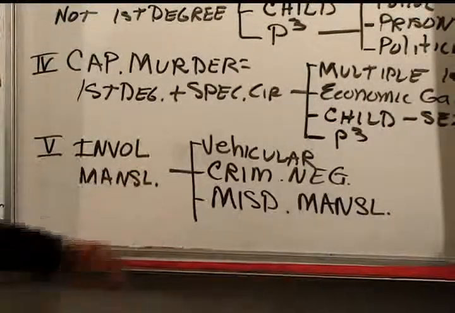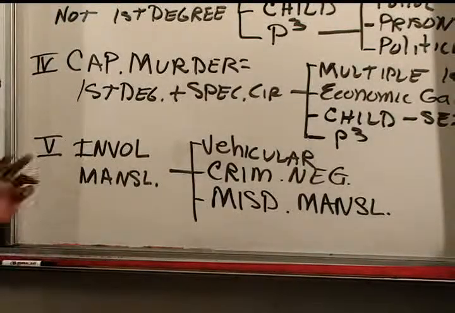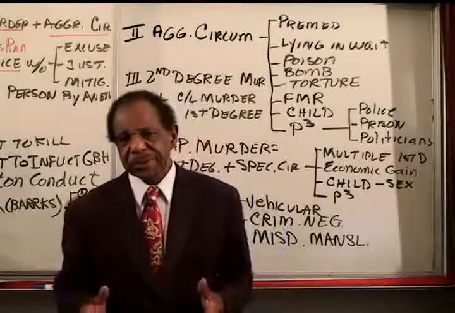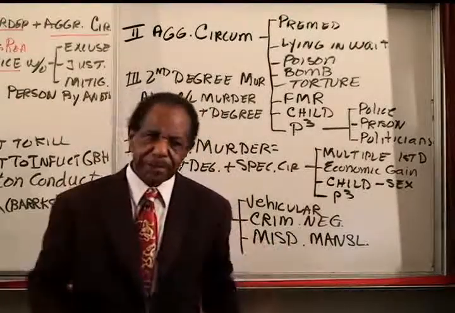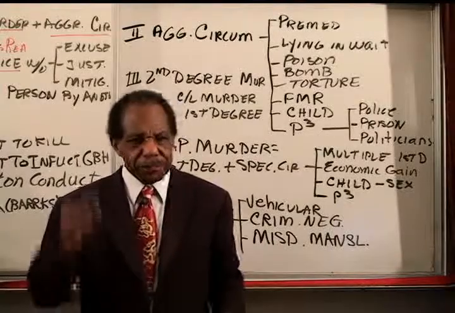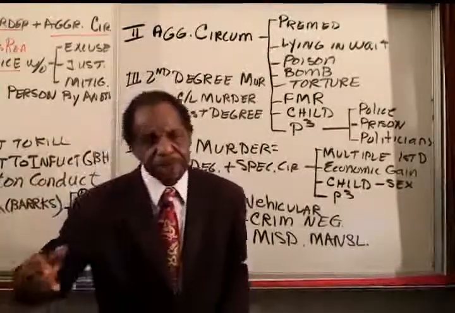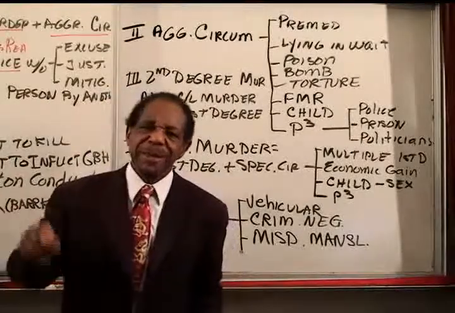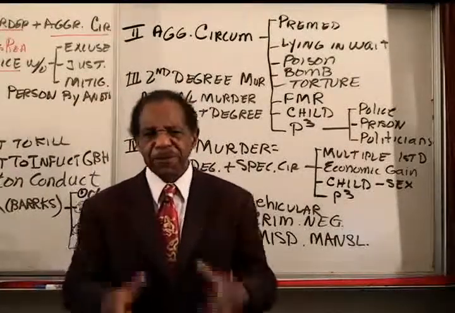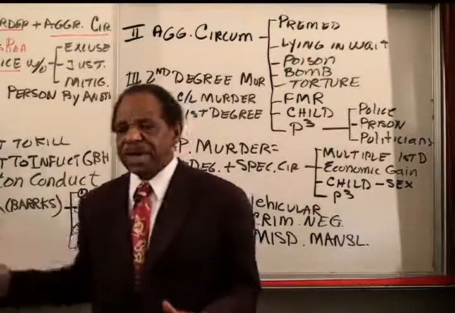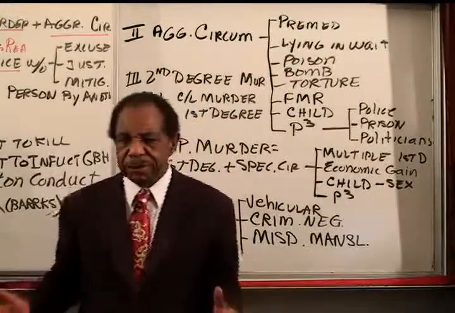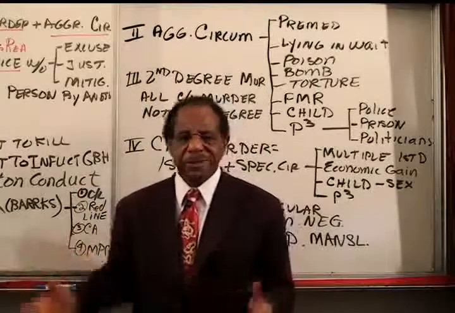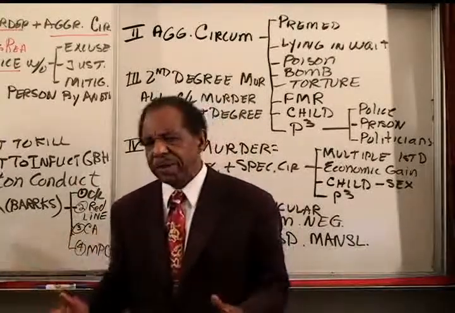These are the typical ways to get involuntary manslaughter. Remember, on the bar exam, what you want to watch for is if there was really no intent to kill, no intent to inflict great bodily harm, and the person was not consciously involved in wanton, reckless conduct, saying, I don't care if somebody gets killed. If I'm having a simple fist fight with a friend of mine, there's no intent to kill and no intent to inflict great bodily harm.